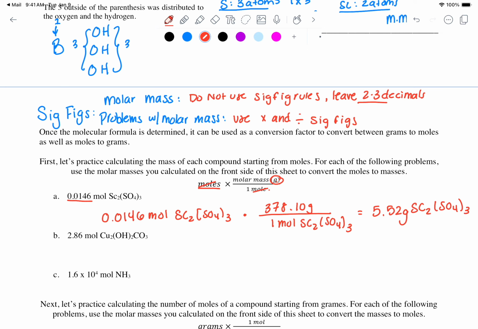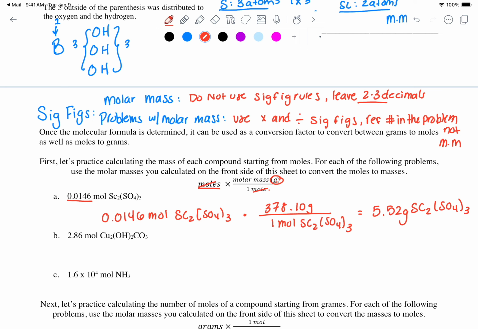When we're using molar mass we're converting, so we are automatically multiplying and dividing, but we only reference the number in the problem, not the molar mass, because molar mass is a conversion factor.